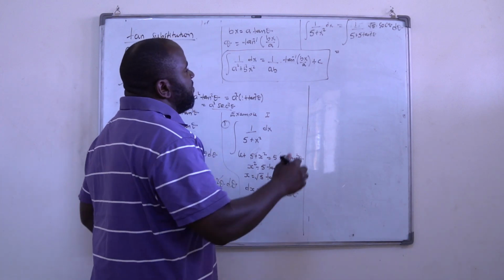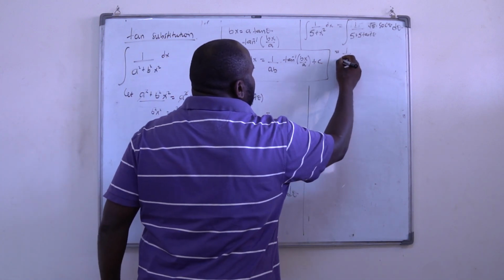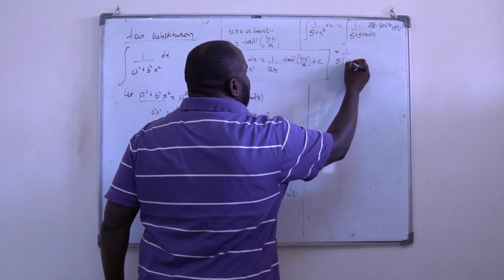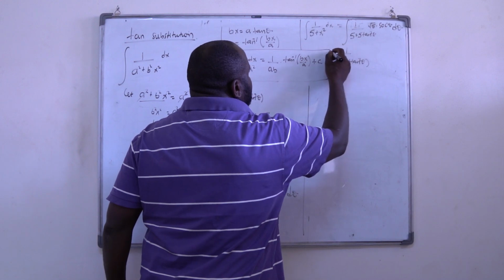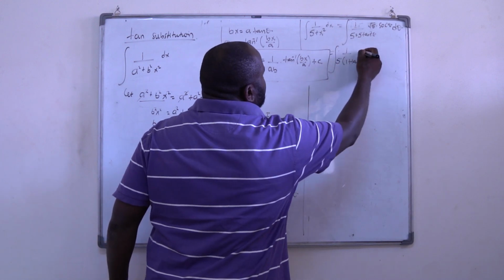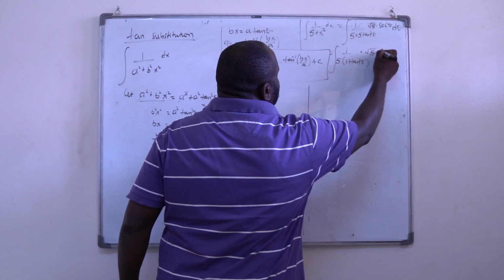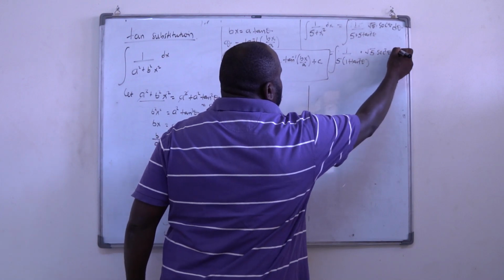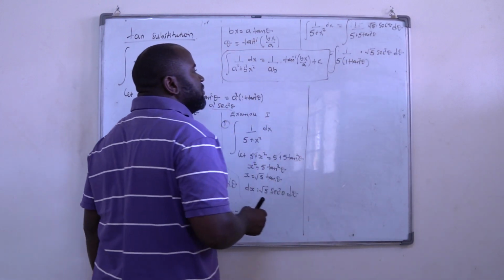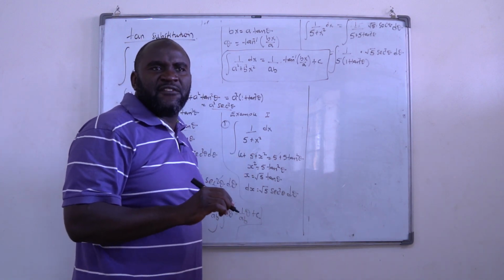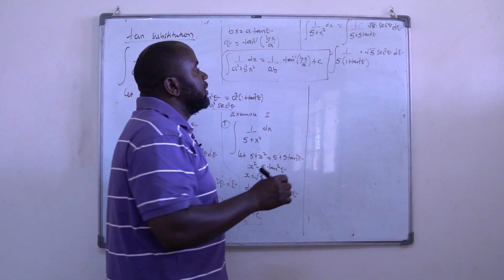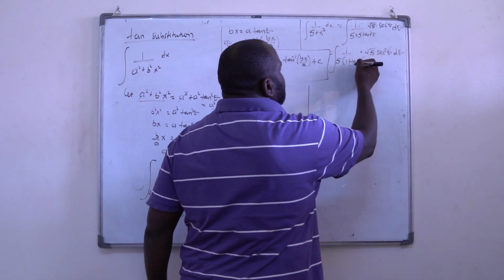Now remember, if I factorize out the 5, I'll have 5 into 1 plus tan squared of theta. It is the integral we are looking for, times root 5 sec squared of theta d theta. But sec squared theta and 1 plus tan squared theta from trig definitions are the same, so I can lose this with that one.